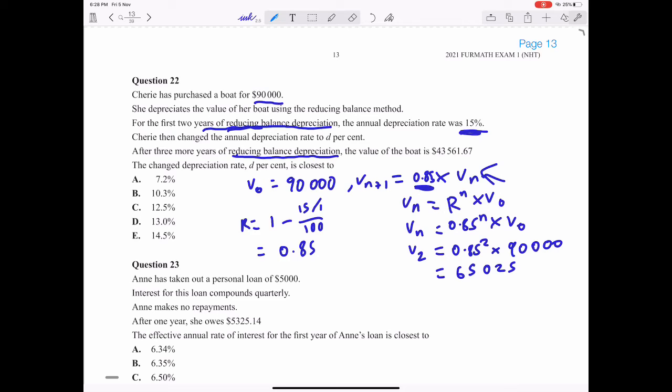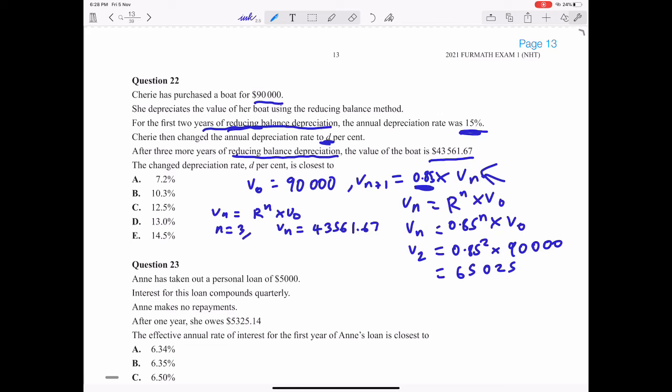So therefore, the next step is to determine, it says we've got to find the value of D now. So after 3 more years of the reducing balance depreciation, the value of the boat is $43,561.67. So that's basically saying if we had an nth term relation, Vn equals R^n times V0, that after 3 years, so when n equals 3, the value of Vn is 43,561.67.